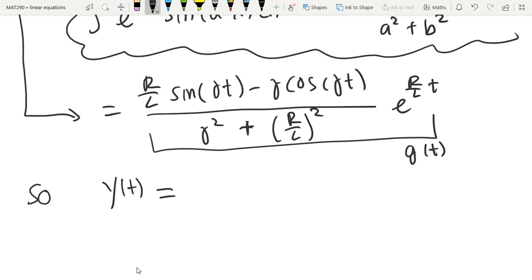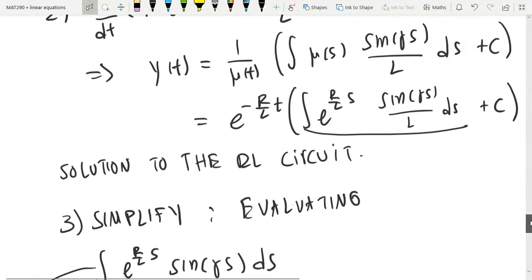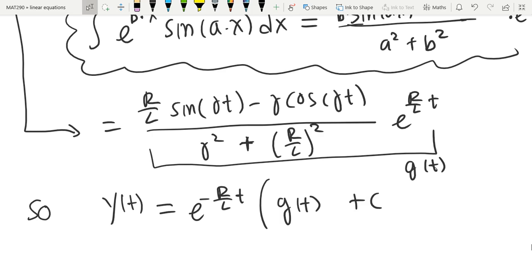So we had, let me go back. So we evaluated this guy. Let me write it. e to the minus R over L t times the integral of g(t) plus the constant.